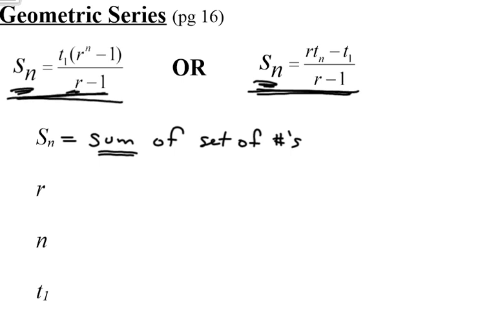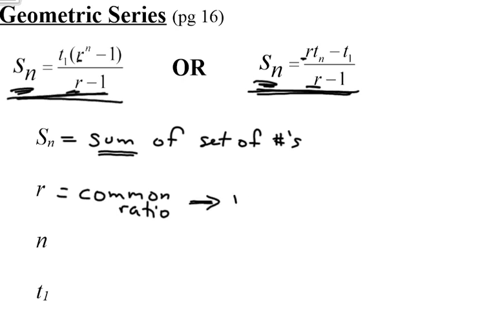Both formulas have the R value in it. And the R tells us we're dealing with geometric because there's a common ratio. So R is our common ratio, what we're multiplying by. We could be multiplying by a negative. We could be multiplying by a fraction.